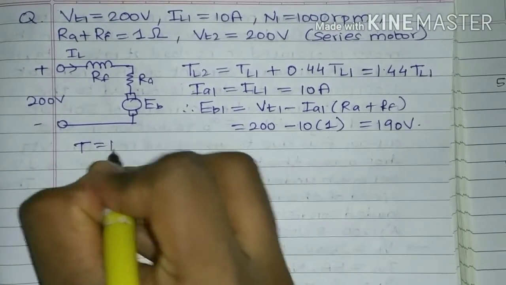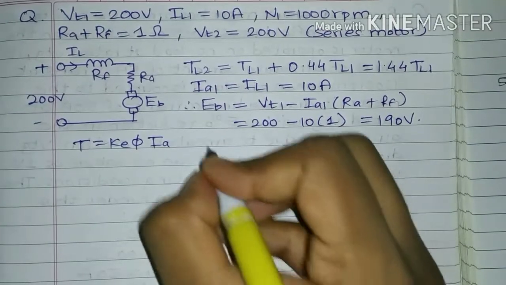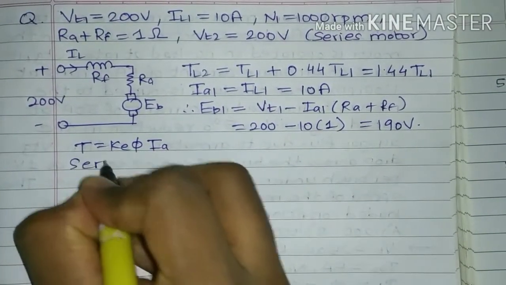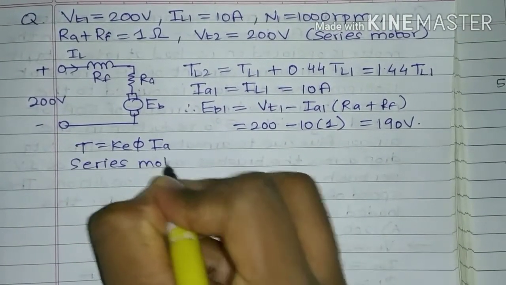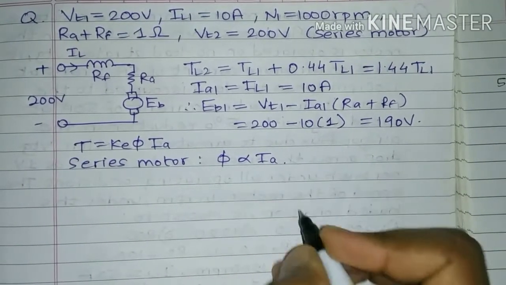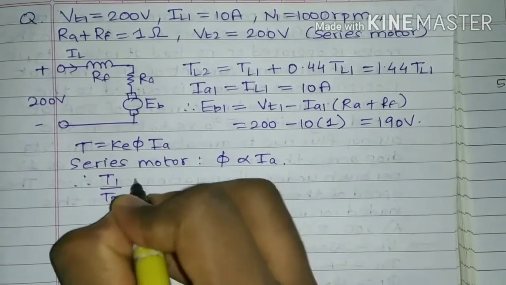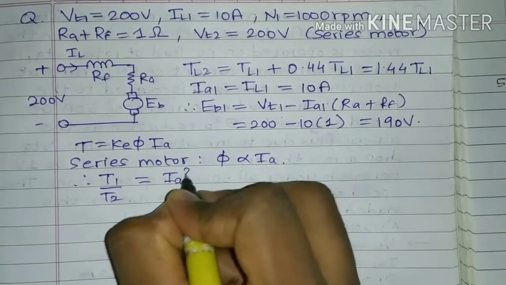Now torque is equal to Ke into phi into Ia, but for a series motor the flux is directly proportional to the current, hence phi will be directly proportional to Ia. Therefore T1 upon T2 will be equal to Ia1 square upon Ia2 square.